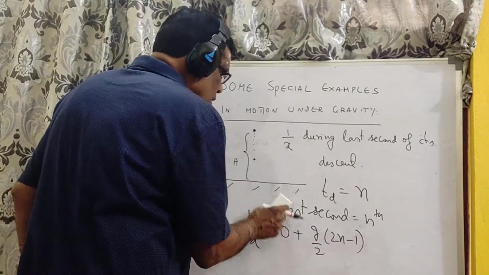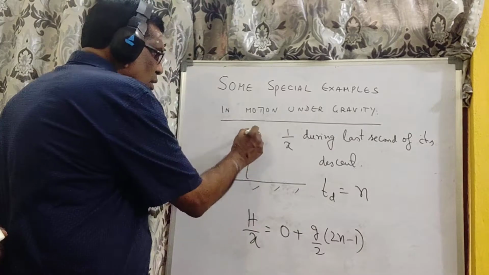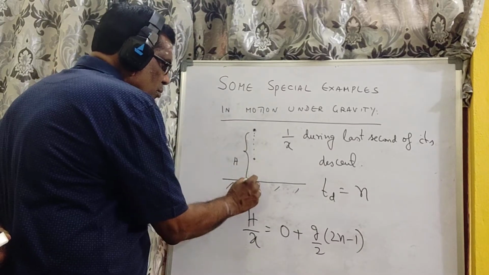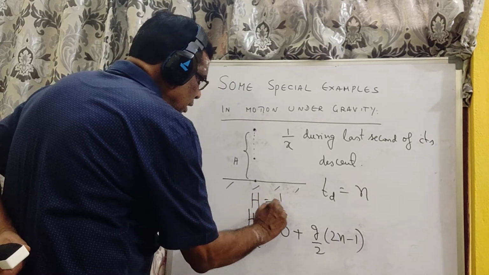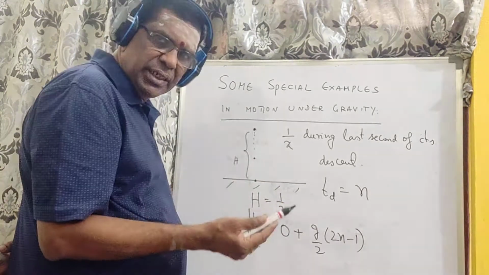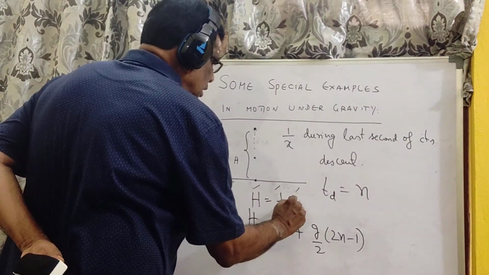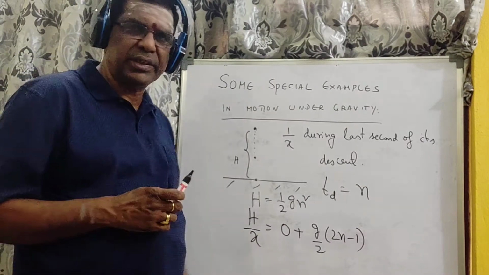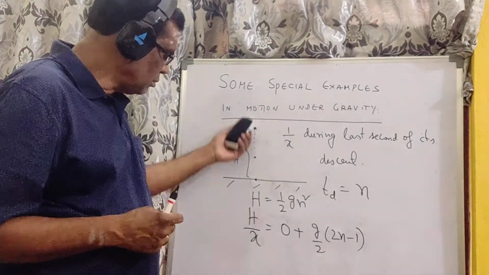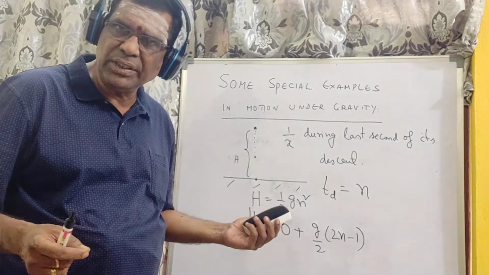Now, in a similar way, if the total descent is n, when you drop the body here, by the time it comes down, the displacement is h, and this is ut, with u equal to 0, plus half gt square, where t is nothing but n. Now you have got two equations, with h unknown and n unknown, the time of descent.